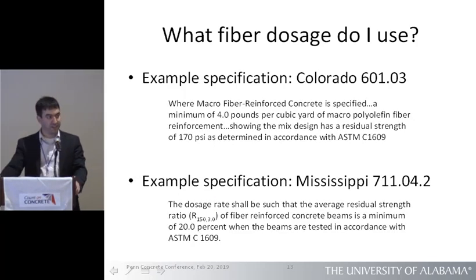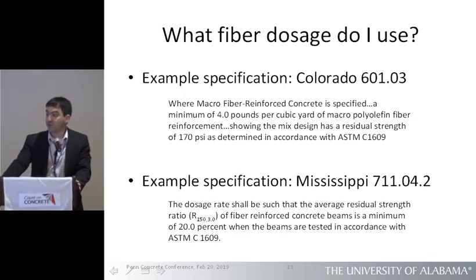So what is actually currently in certain specifications? Well, in Colorado, they first set a minimum amount of fibers you must use. You can go above it, but they say a minimum of 4 pounds per cubic yard, and you must have a residual strength of 170 psi when you run the 1609 test. So if you find any type of fiber at whatever dosage above 4 pounds per cubic yard that meets this specification, they would consider it valid.